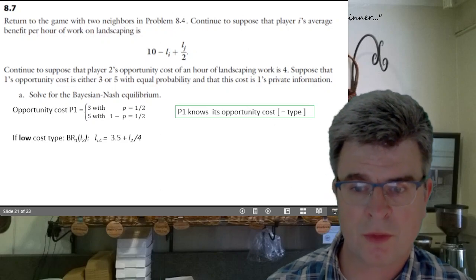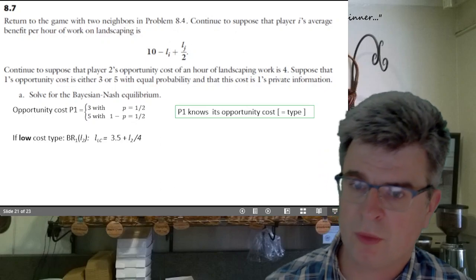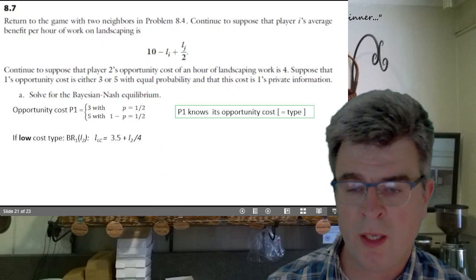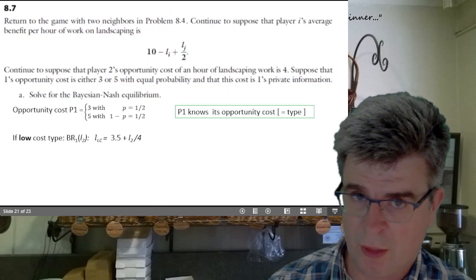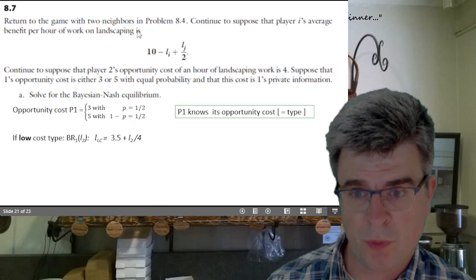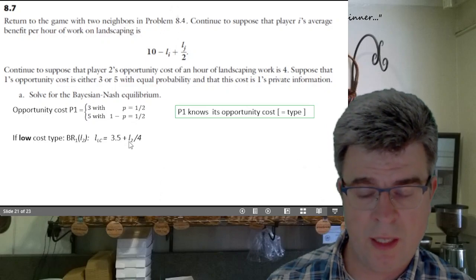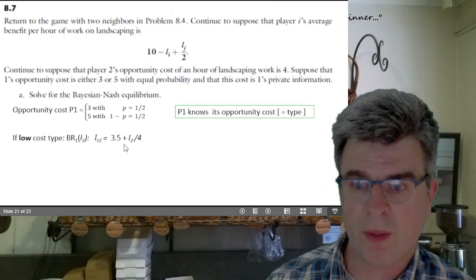Well, if you know the cost of your opponent is equal to 4, and you know that your own marginal cost is constant and low at a level of 3, then your best response function to what the other neighbor does is 3.5 plus L2 divided by 4.